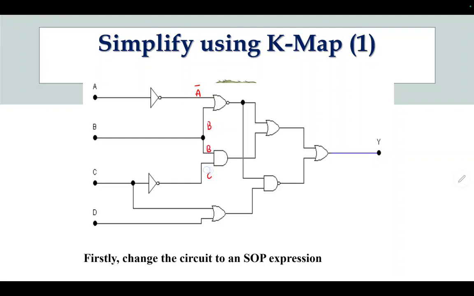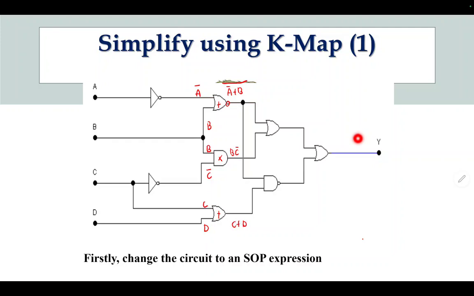You got C bar over here, you got C over here, you got D. Then this one performs the operation plus, this one multiply, this one plus. Here you got A bar plus B, then you got bar over here, you got bar. Here you got B, C bar. Here you got C plus D.